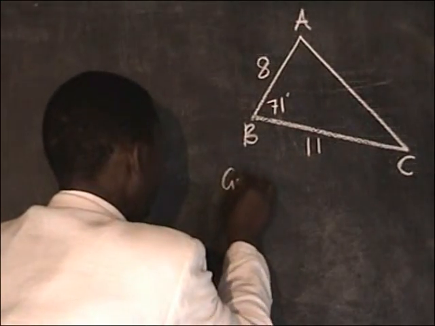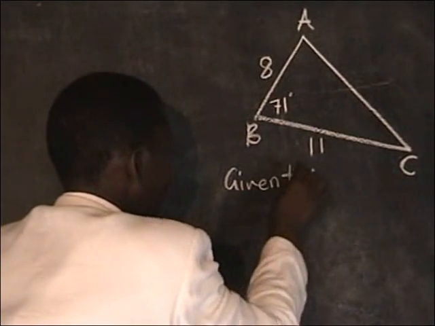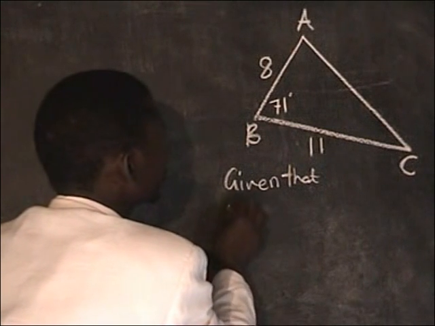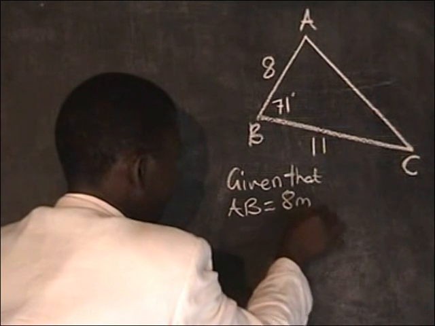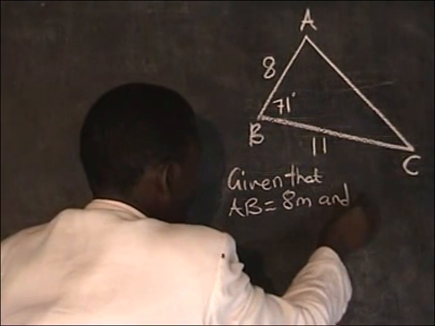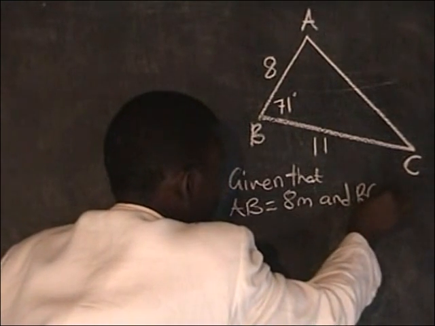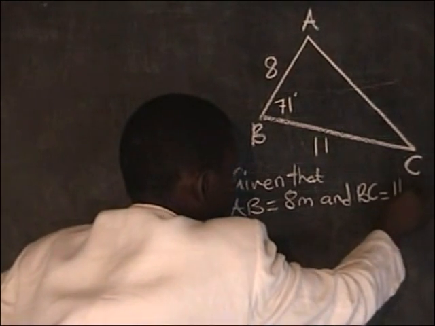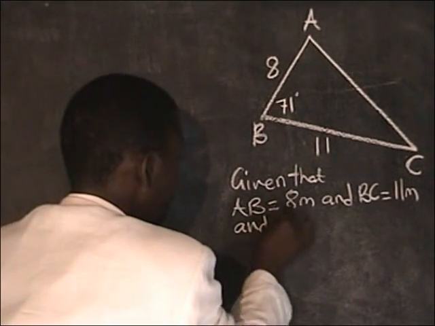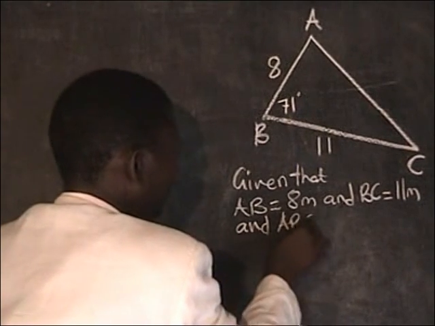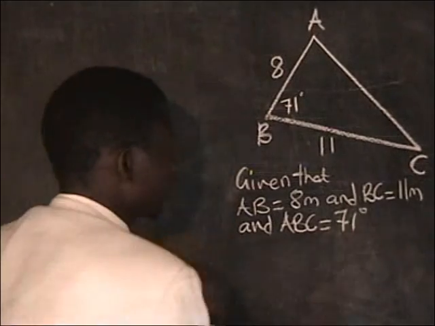So to add the information given, AB is equal to 8 meters and BC equals 11 meters, and the angle ABC, the angle B, is equal to 71 degrees, like that.